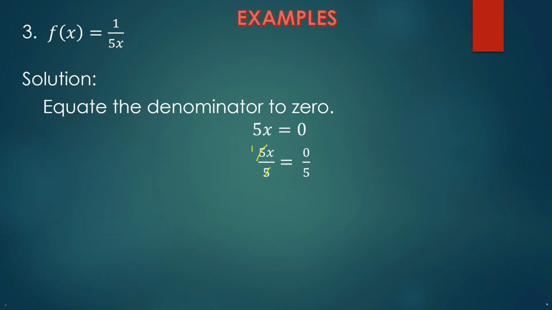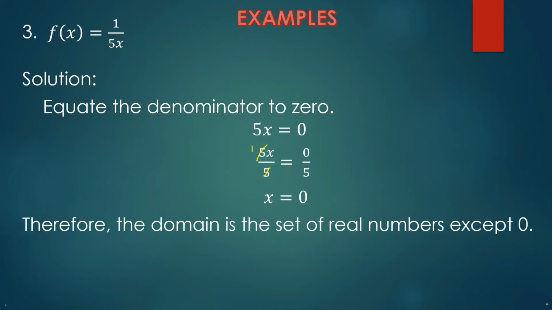Then for the right side, 0 divided by 5 is 0. So we have x equals 0. The domain is the set of real numbers except 0. Or in symbols, we have x is an element of real numbers such that x is not equal to 0.